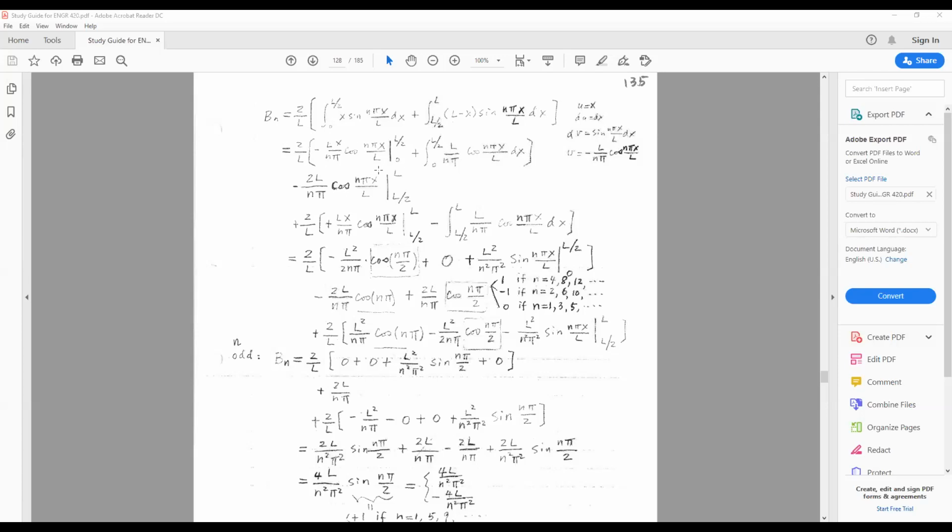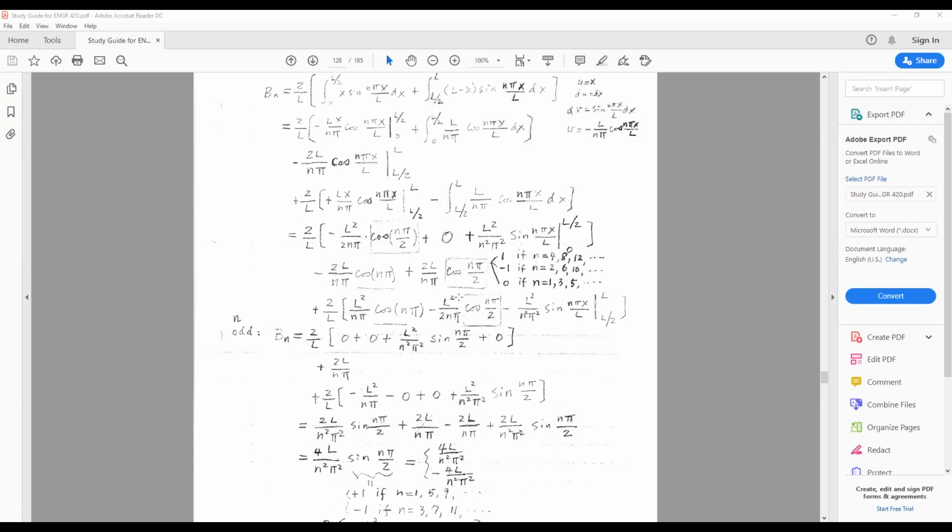Integration by parts will stepwise lead you to the answer, but please do this once so you can figure out the potential problem in the solution. For example, if we encounter cosine n pi over 2, we may have trouble assigning a value. Cosine n pi over 2 can be positive 1, negative 1, or 0.